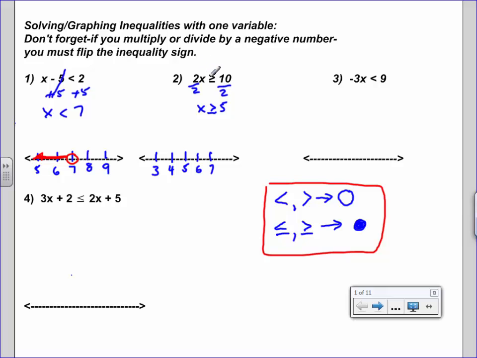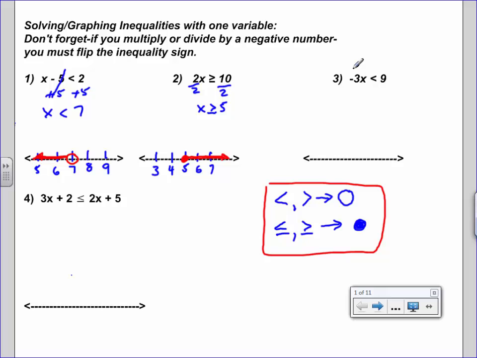Now, this tells us it will be a closed circle. So we'll go to 5, put in a closed circle there, and this is greater than or equal to. And if you go to the right, that's where numbers get greater than, and put an arrow to show that it continues on with all those numbers. All of those would be greater than or equal to 5.